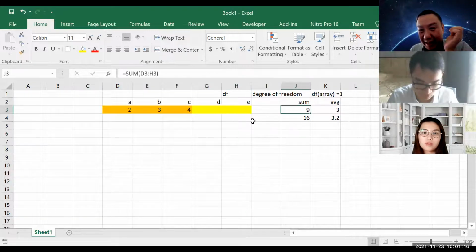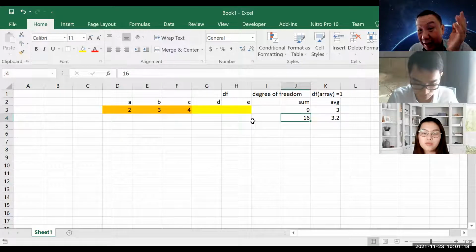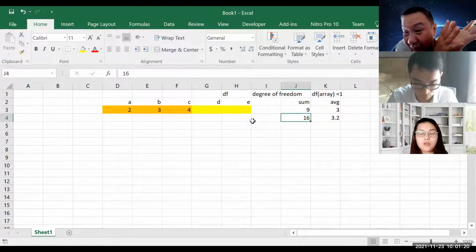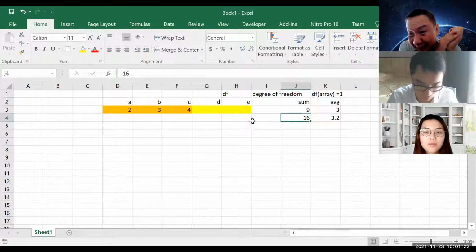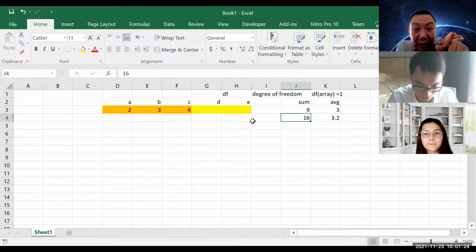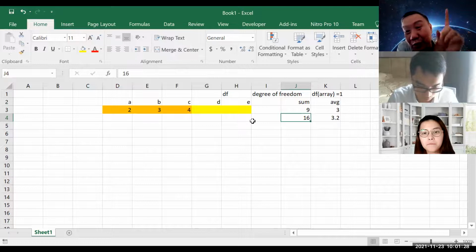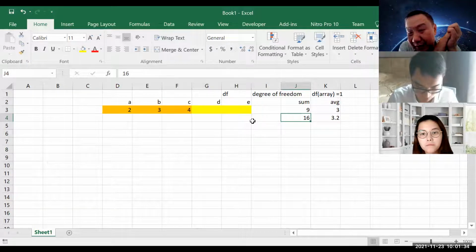Okay. So that the sum is 16. This goes beyond the degree of freedom. If you have only one cell beyond, of course, you can just do it manually, right? How about if the missing values are more than the degree of freedom?